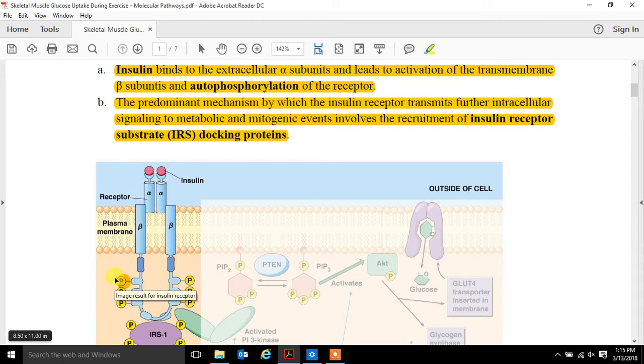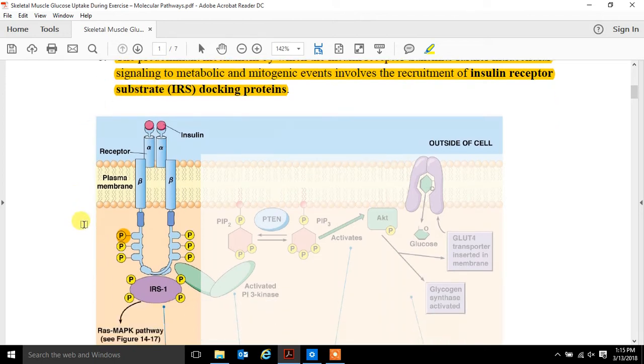That's kind of step 2. We get recruitment of this insulin receptor substrate, or IRS docking proteins. And we can see that visually here. I've hazed everything so you can put it all in perspective, but we've phosphorylated here. We get this IRS docking protein. It phosphorylates, and therefore allows us to transmit things further down the line.